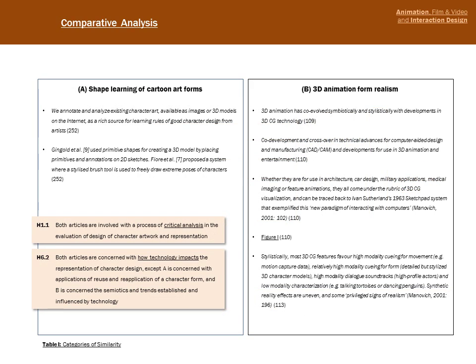So the first category of similarity is the cartoon forms, and here the cartoon form of Article A is linked with Article B, which we showed before, to do with computer graphics, 3D animation form for realism.